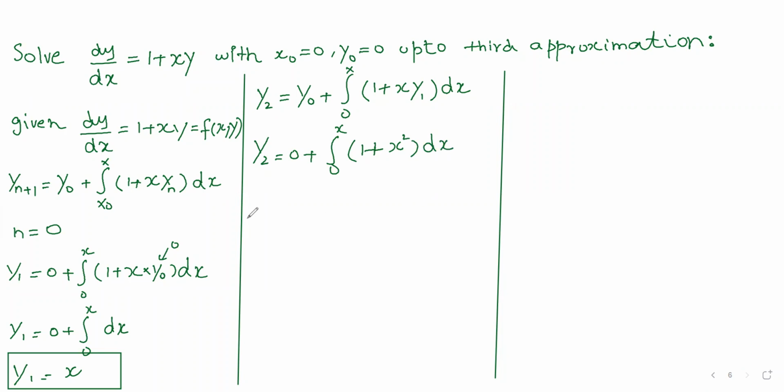And then what will be y2? It is equal to 0 plus the integral from 0 to x of x dx plus the integral from 0 to x of x squared dx. So what will be the answer?